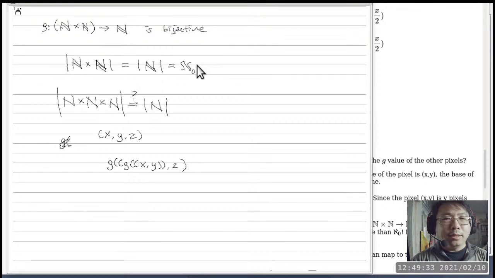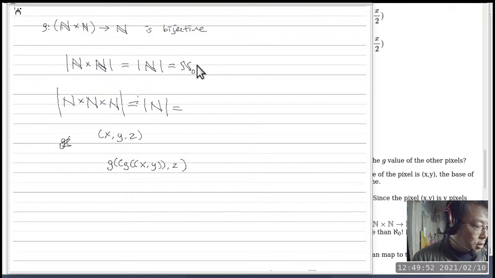By applying g in a nested way, I can now map a three-dimensional space to natural numbers. And because g itself is bijective, yes, Anita is correct, the cardinality is indeed aleph null.